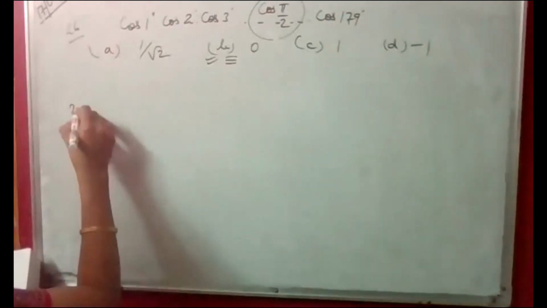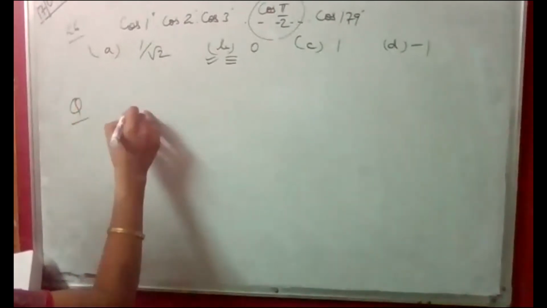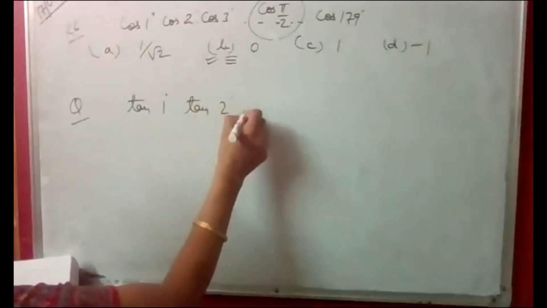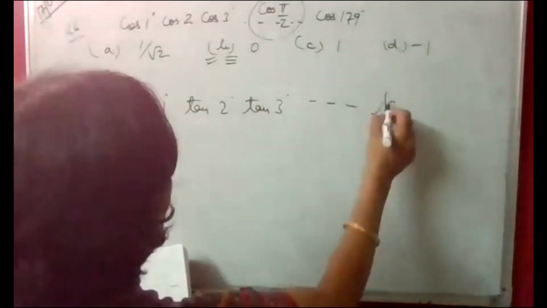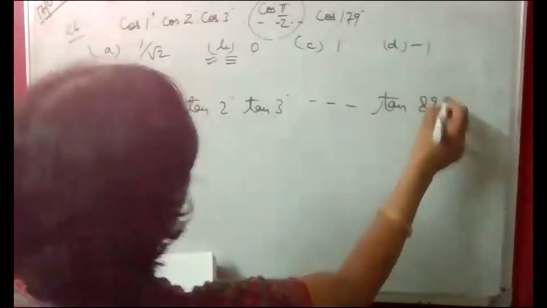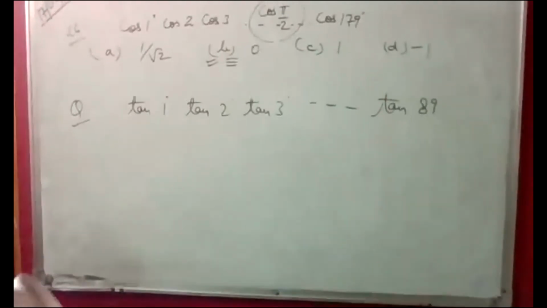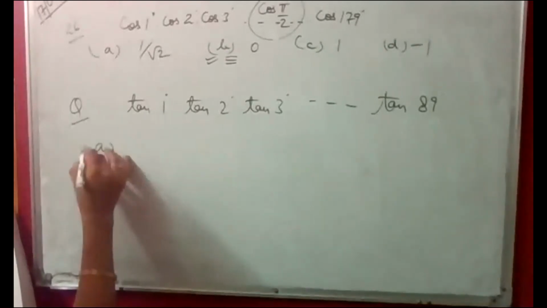And one more question of this type. This is another question of this type. Let's solve this. tan 1, tan 2, tan 3, and it goes up to tan 89 degree. Yes, who will give the answer? I am giving the options.